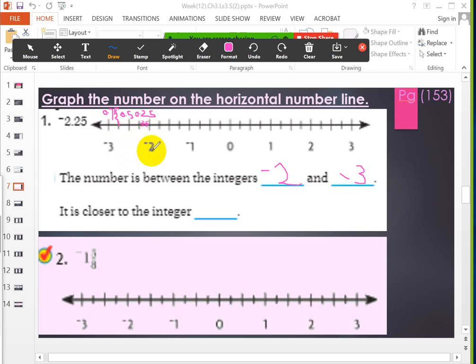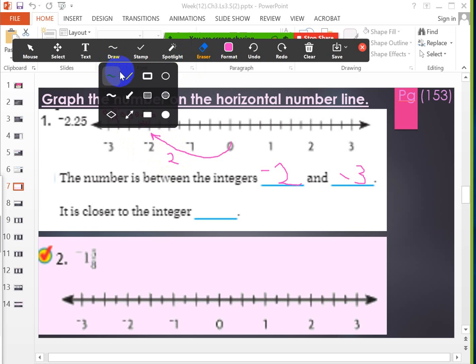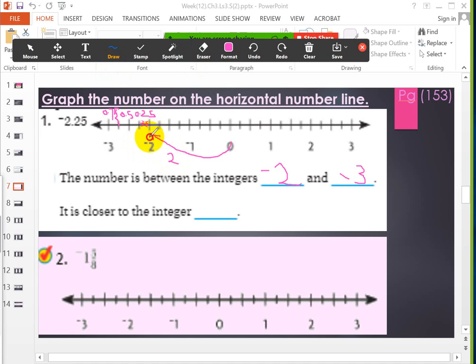So I have negative 2 and 25. That means the decimal point will be after 2. I have to jump from 0 to 2. This is 2. And as I said yesterday, I have to jump also from this point to this point.